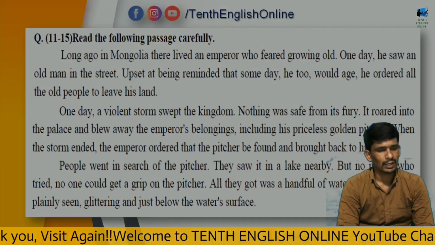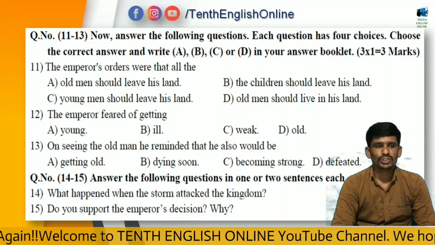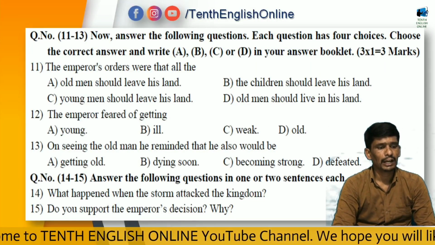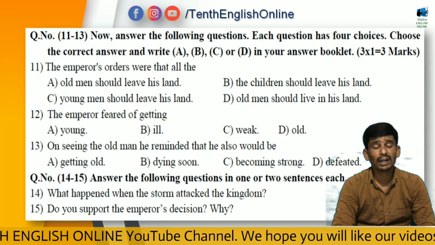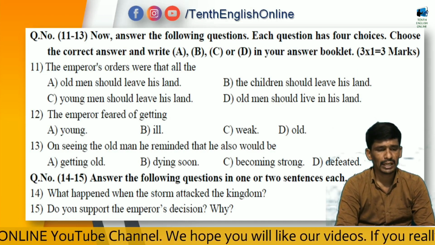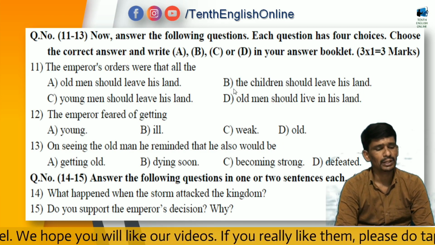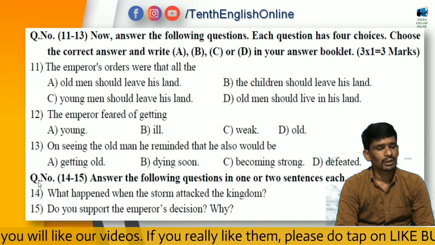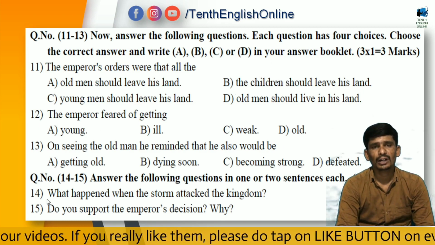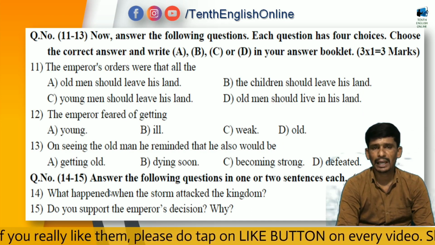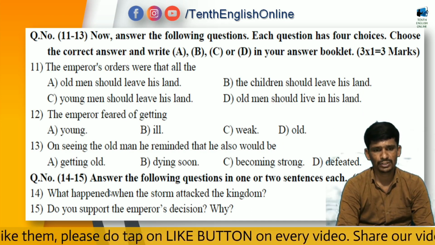See here, the questions are like this, from 11 to 13 and 14 to 15. Questions 11 to 13 are MCQs, multiple choice questions, with four options, and we have to select any one option. And 14 and 15 are short answer questions, for which we have to write the answers in one or two sentences.